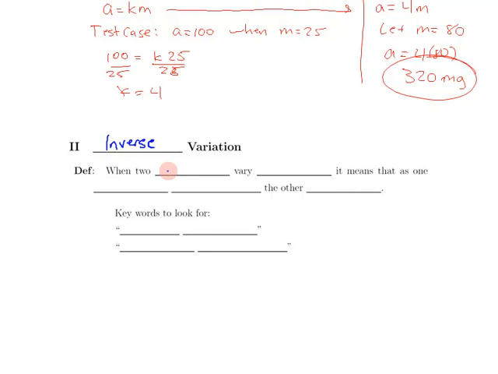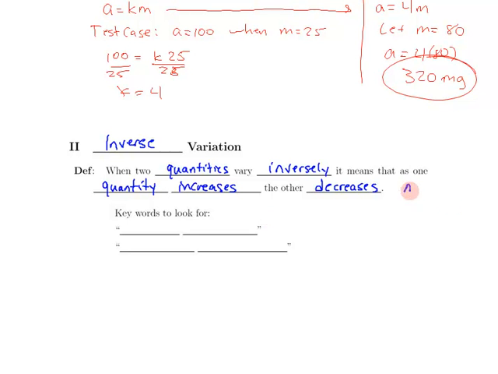When two quantities vary inversely, it means that as one quantity increases, the other decreases. So they go in opposite directions. One value increases, forces the other one to go down.